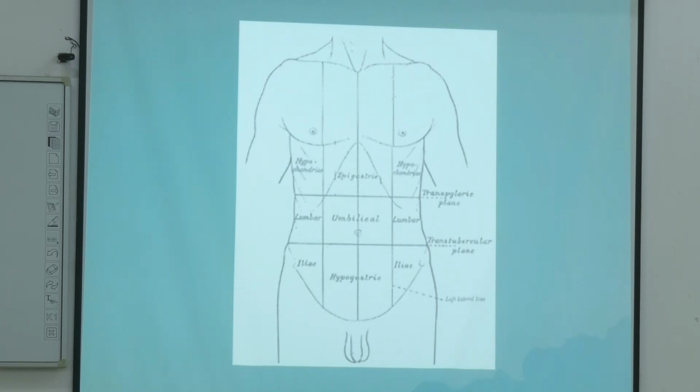Say right iliac fossa pain, which is mostly commonly appendicitis. When you see upper right hypochondriac pain with vomiting or some jaundice presentation, now you think of cholecystitis.